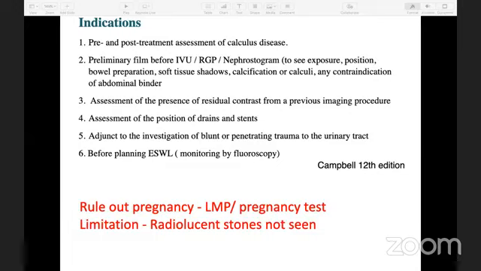Also done to see position of drains and stents. It is sometimes done in blunt or penetrating trauma to the urinary tract, and also done before ESWL to see whether the stone will be seen during fluoroscopy or not.